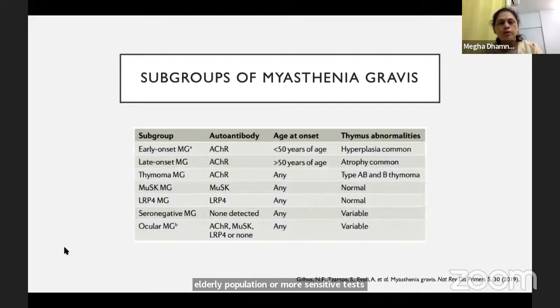The subgroups of myasthenia gravis determine the type of treatment we offer, hence it's important to know the various subtypes: early onset, late onset, thymoma associated. Different antibodies define the clinical prognosis of these patients: MuSK, LRP4 positive, seronegative, and whether the disease is ocular or generalized myasthenia.